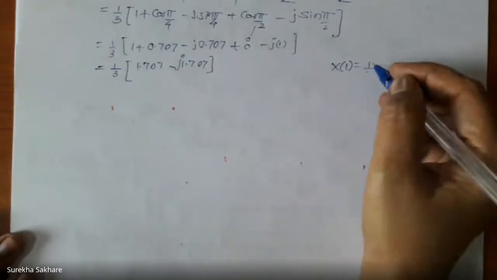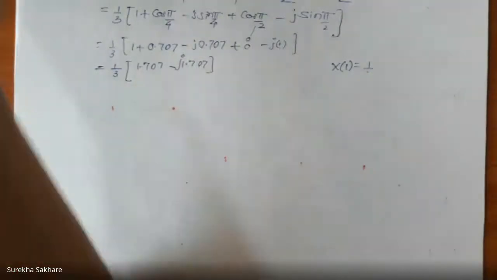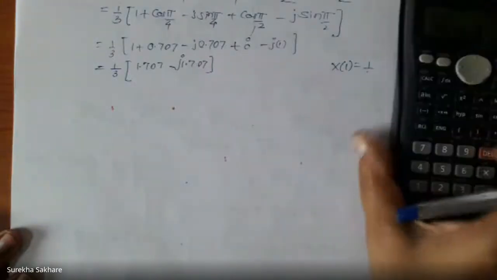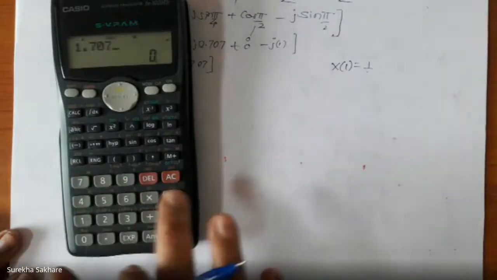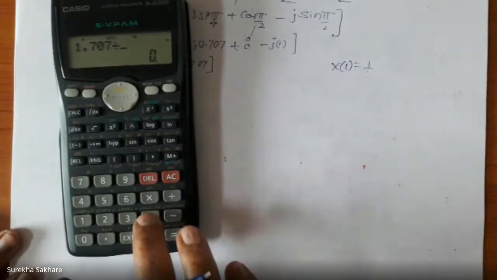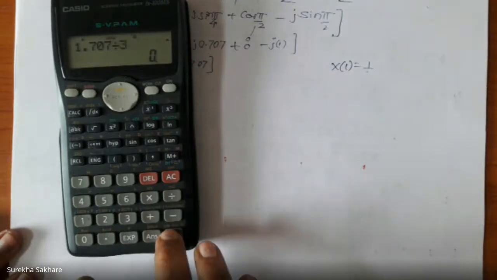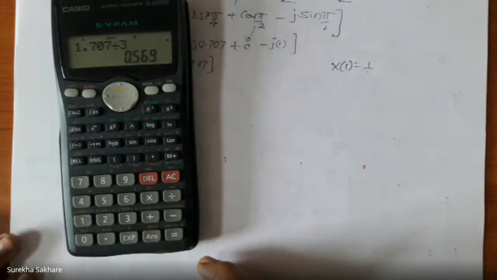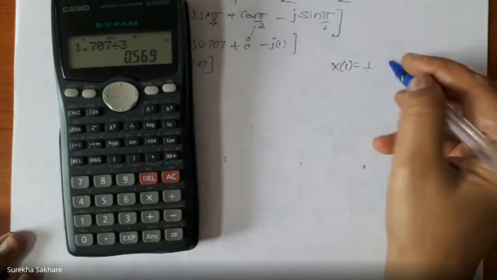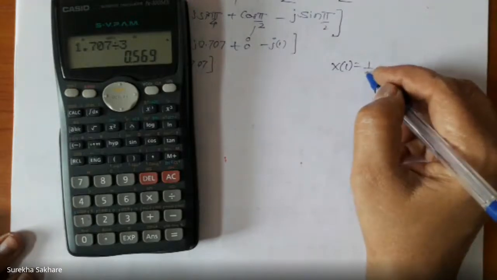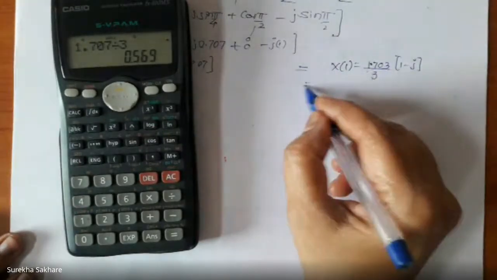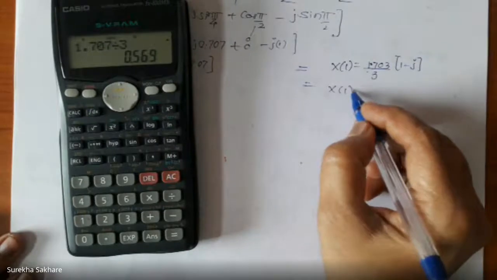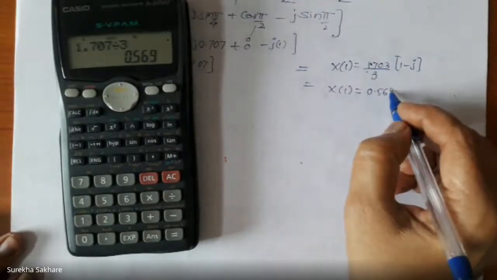You can take 1.707 in common, 1.707 divided by 3 is 0.569. So 1.707 divided by 3, 1 minus j, is giving you x of 1 is equal to 0.569 minus 0.569j.